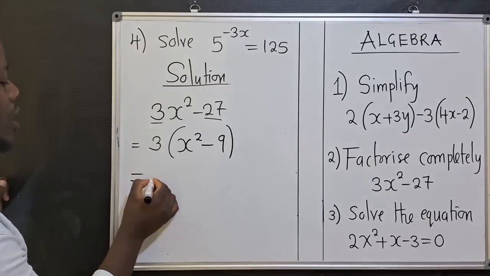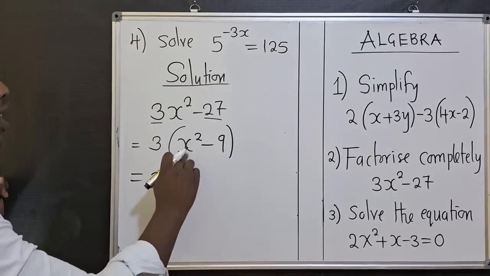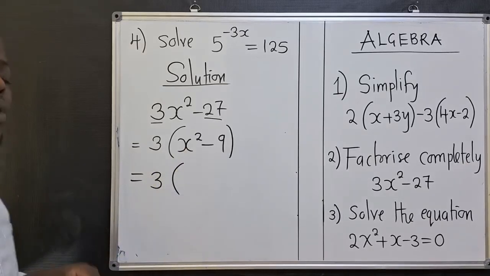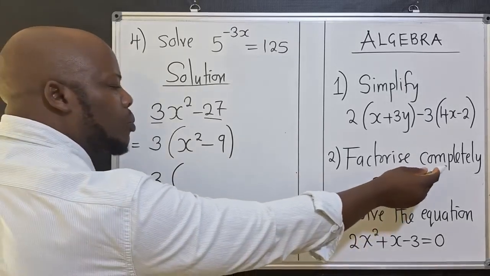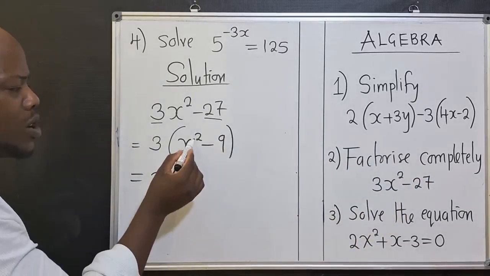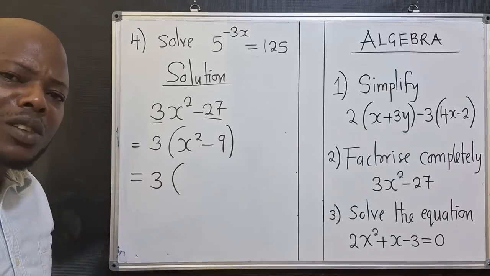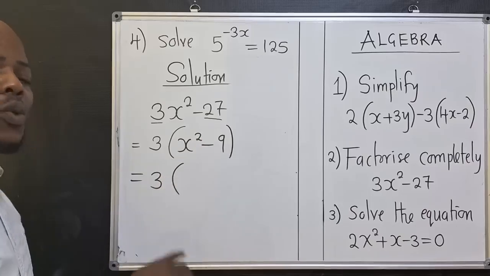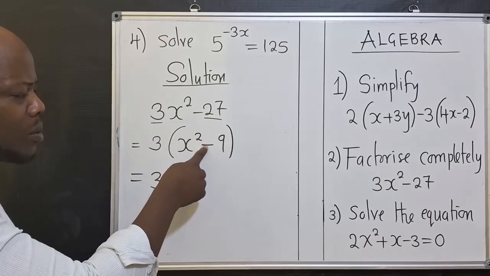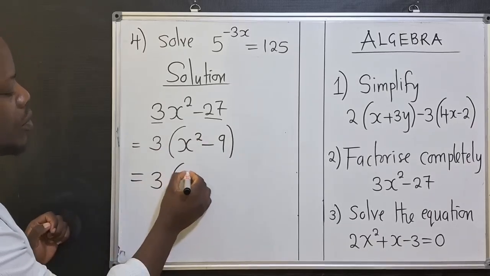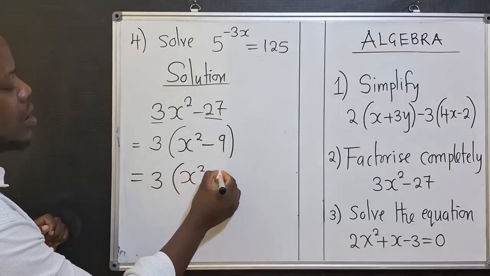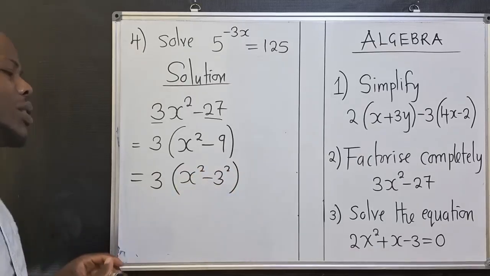So now from this stage, we write a 3. And then inside here, we've not finished, because here they said completely. Inside here, when you see a power 2 and a minus sign, just tell yourself that you have not finished. If there was a plus here, we would have ended here. But now there's a minus and a power 2. We have to do this. I think you can see what I've done.